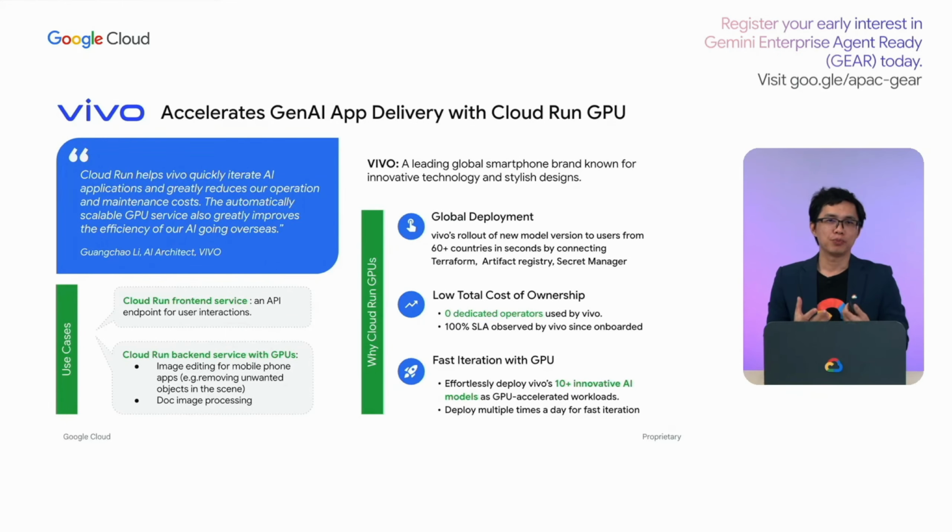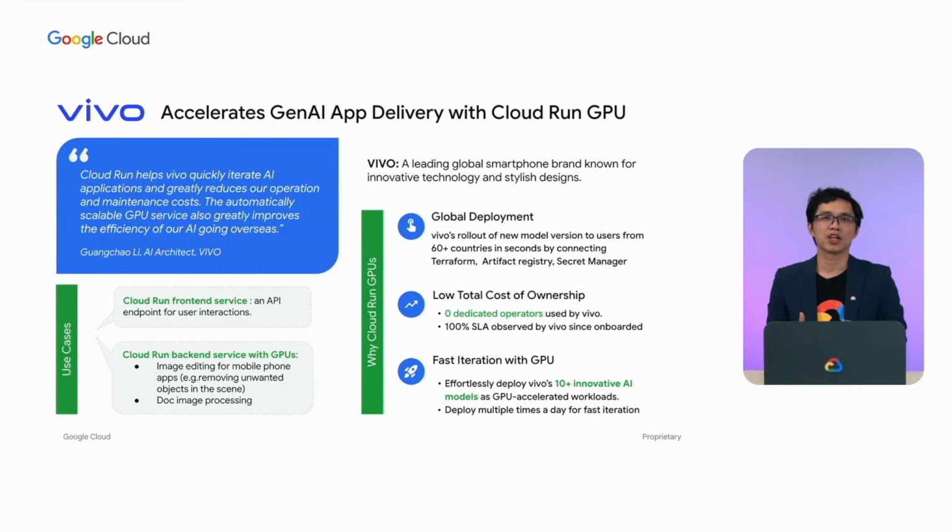With Cloud Run GPU support, Vivo had been able to experiment with multiple AI applications with quick iterations, with multiple models and multiple deployments within a day, allowing Vivo to quickly identify the application that works best for their customers. Vivo gains the greatest benefit of Cloud Run in reducing the operational and maintenance costs, which allows the team to focus more on the application itself.